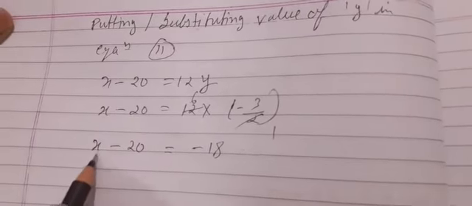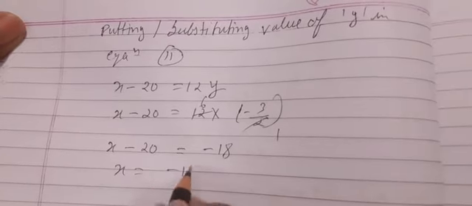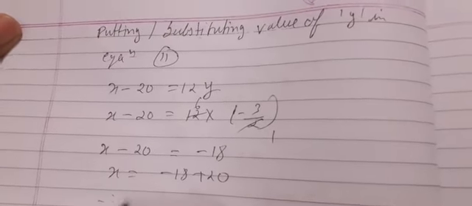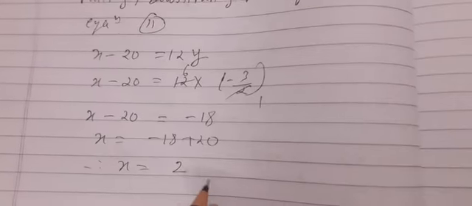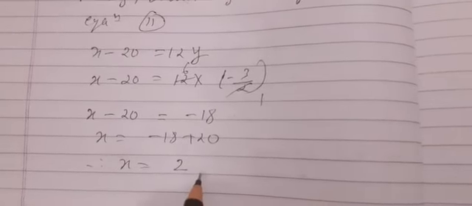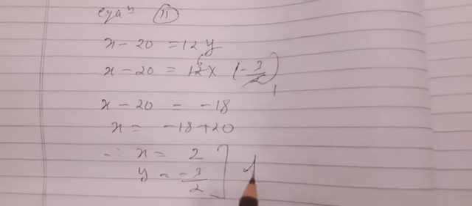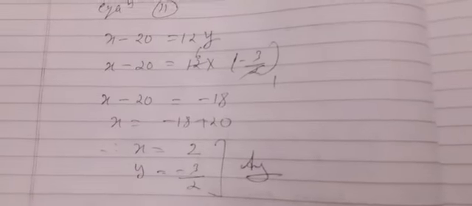Now we'll transfer this minus 20 to that side, so x is equal to minus 18 plus 20, therefore x is equal to 2. x is equal to 2 and y was minus 3 by 2. So these are the values of x and y.